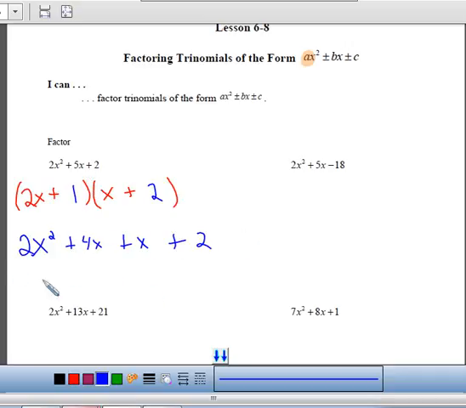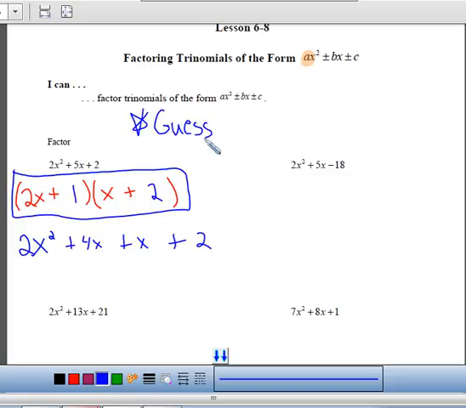Now, I just wrote this down because this is the check for doing it. Basically, the strategy we just did is guess and check. So, you're going to guess what the factors are and check it to see if it works.